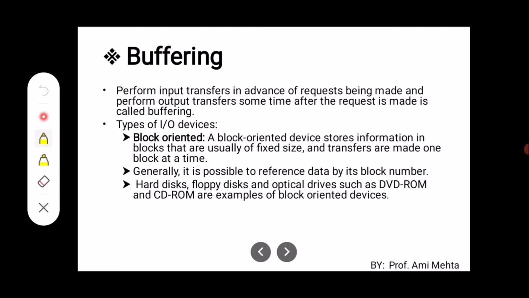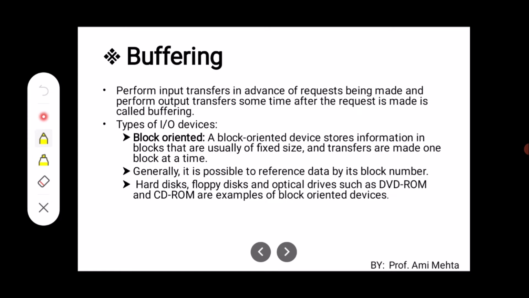Means before a request is made for some input value, the transfer has already happened, and after a request for output transfer, after some time the operation is completed. So this is the concept of buffering, and why it happens, let us discuss that.